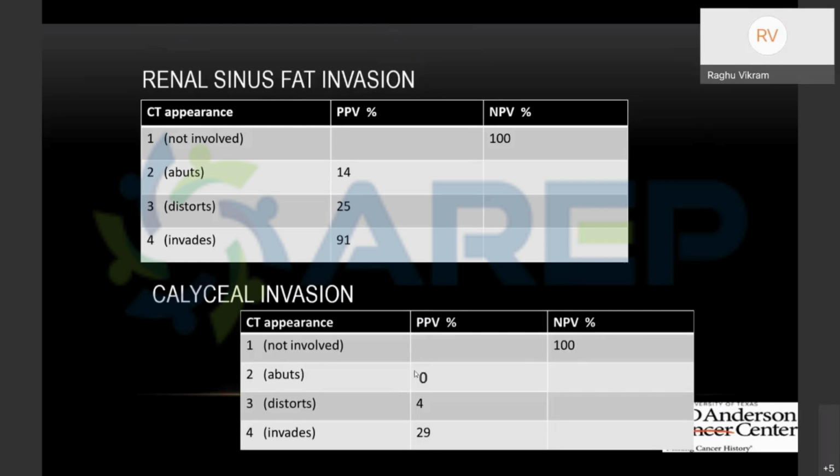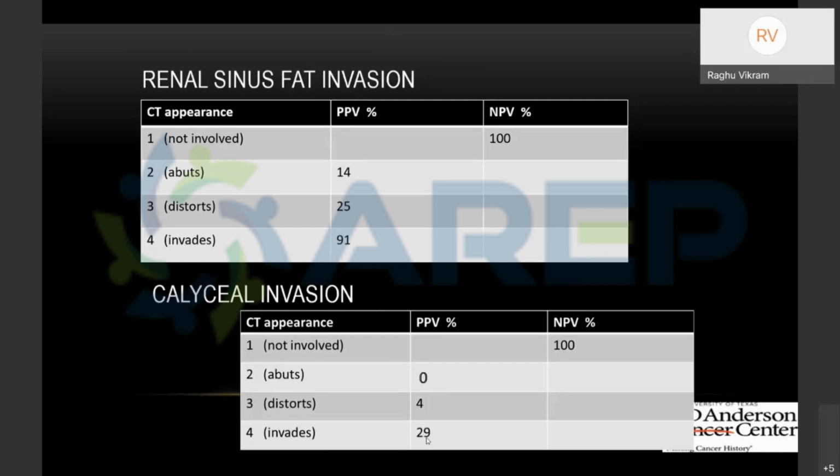The same thing we did with the renal calyx. What did we find? It is even lesser. Even when the tumor distorts the renal calyx, 96% of them were not involved. That's very interesting because, of course, there is a muscular wall of the calyx which is protecting it, which is very useful. The other thing is if we thought the calyx was invaded on the excretory phase, most of the time we were wrong. The pathology did not show it.